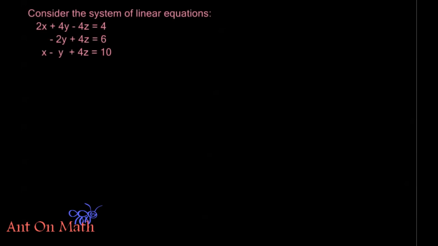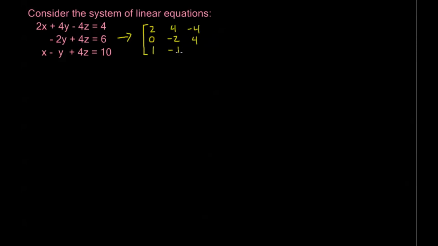Now let's consider a system of equations. Recall that we can write this system of equations as a matrix equation, right? We know that we can write this system of equations from our previous video as the matrix 2, 4, -4, 0, -2, 4, 1, -1, 4.